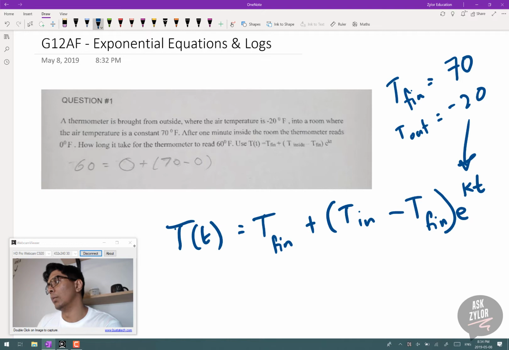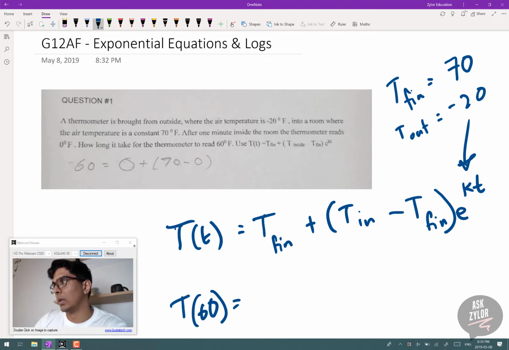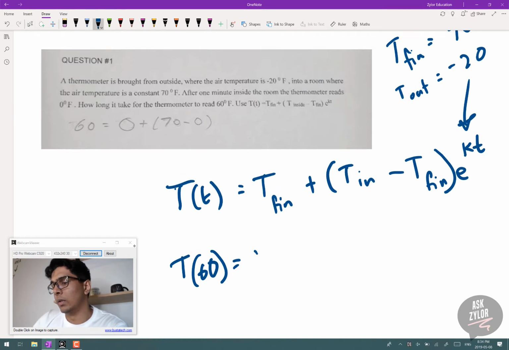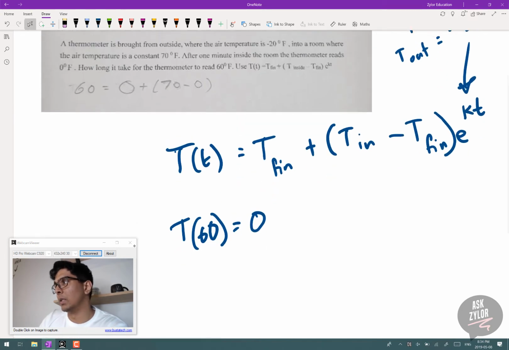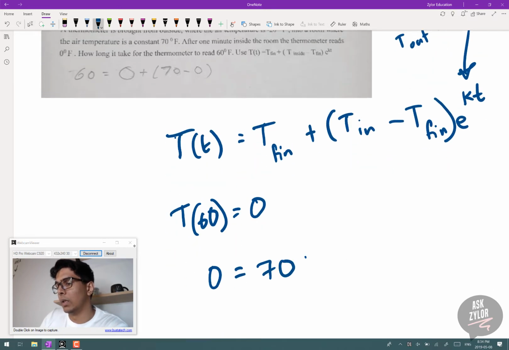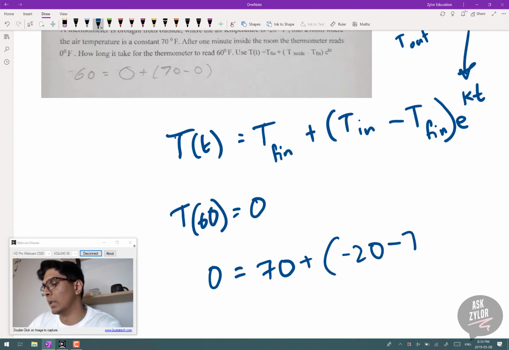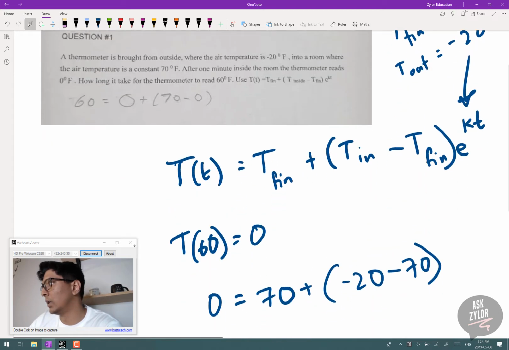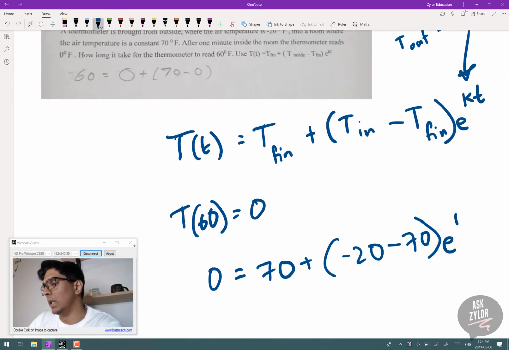So I can go ahead and plug those inside. So T of 60 is going to be 0, right? So I'm going to substitute the T of 60 with 0, and T fin, I said, was 70, so I'm going to write down 70 plus T inside, which was negative 20, minus 70, which was T fin, the final, and then e to the kt.